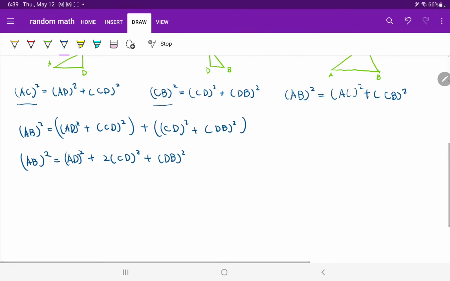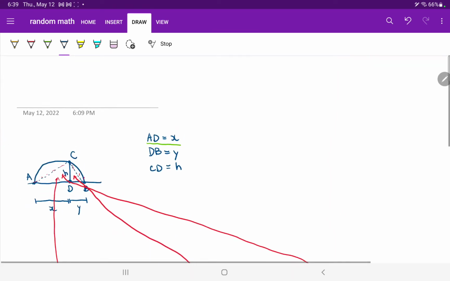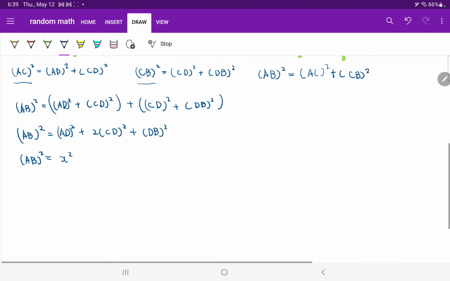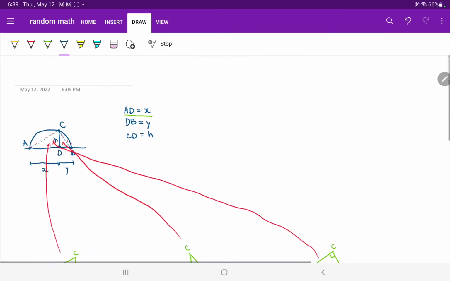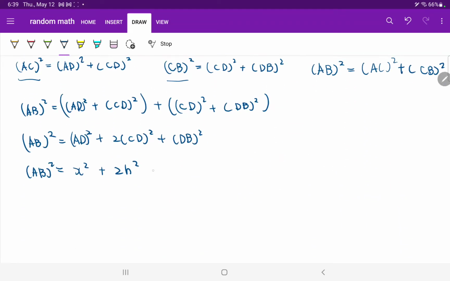So AB squared equals, AD is x, so this becomes x squared, and then we have CD is h, so this becomes plus 2h squared, and then finally we have DB, which is equal to y, so we have plus y squared.